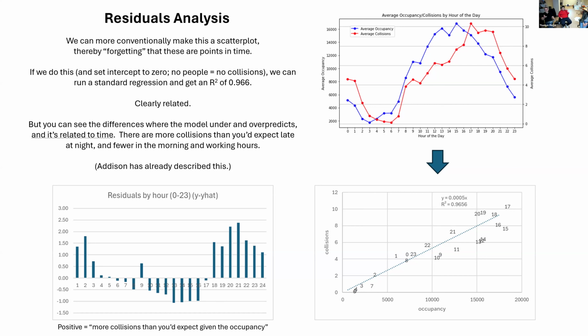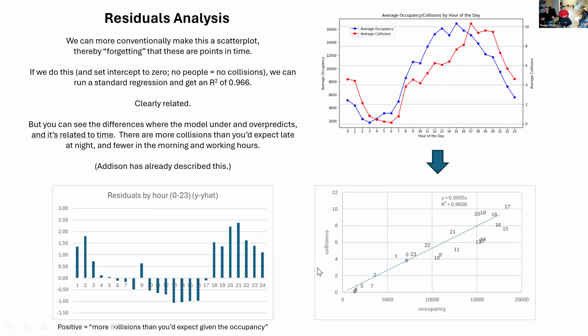So clearly related, right? We can see this in both plots. We can see it in the time series plot, and we can see it in the scatter plot. Occupancy is definitely related to collisions, and the R-squared value is 0.96. And then our correlation is literally just the square root of that, right? So they're 100% mathematically related.